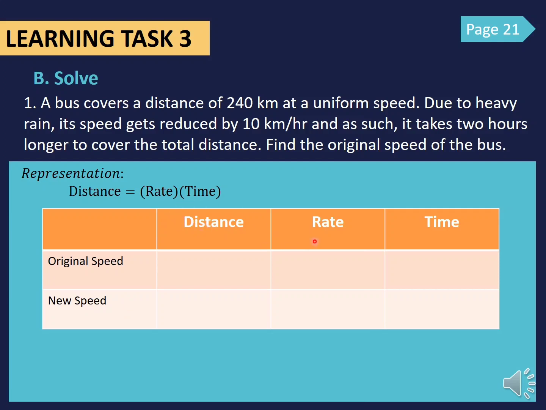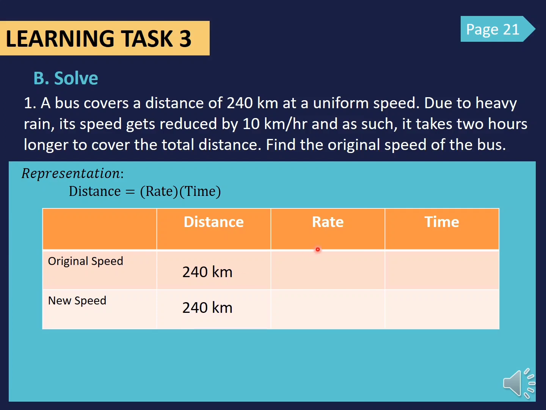Distance is equal to rate times time. Ang distance natin sa original speed ay 240 kilometers. But of course, sa new speed natin, ganun din naman. Iisa lang naman yung distance na ating kinover dito, 240 kilometers mula dun sa kanilang starting point.